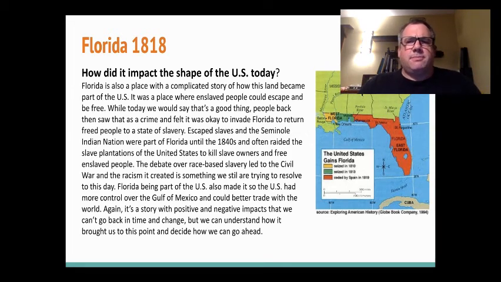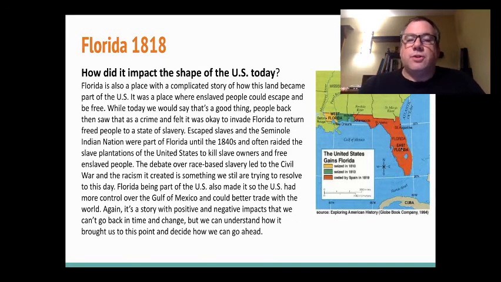And that was not looked upon too favorably by the people in this area. And so the United States started to invade Florida and take the land back. And Spain, not wanting to get involved in this dispute and defend it, eventually sold that land to the United States. And then the United States continued to push into Florida to push out the American Indians, to return escaped enslaved people to a state of slavery.